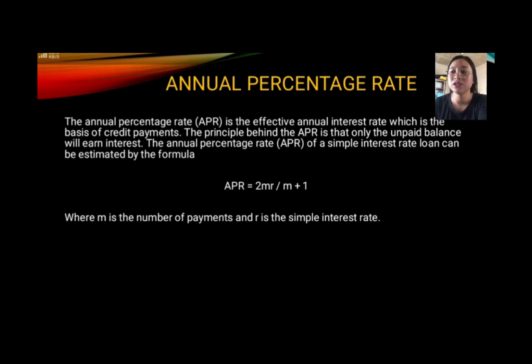The APR of a simple interest rate can be estimated by this formula: APR is equal to 2MR divided by M plus 1, where M is the number of payments and R is the simple interest rate.